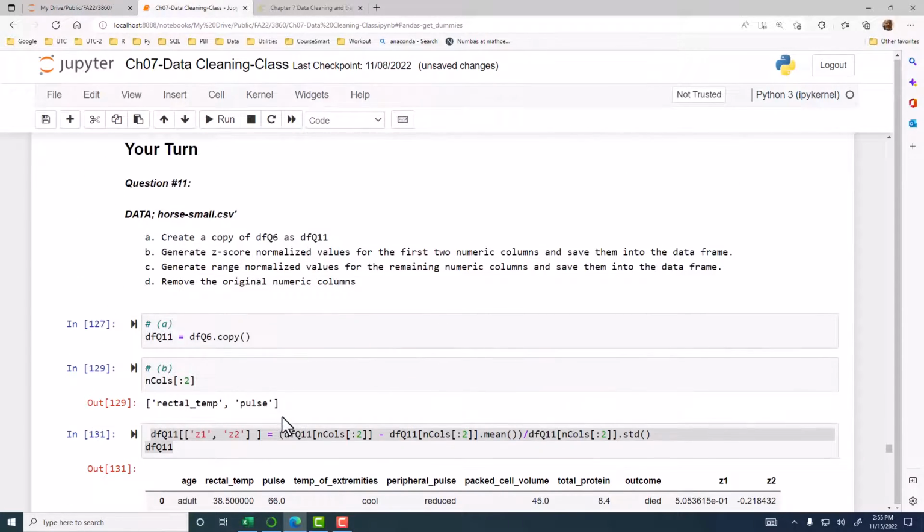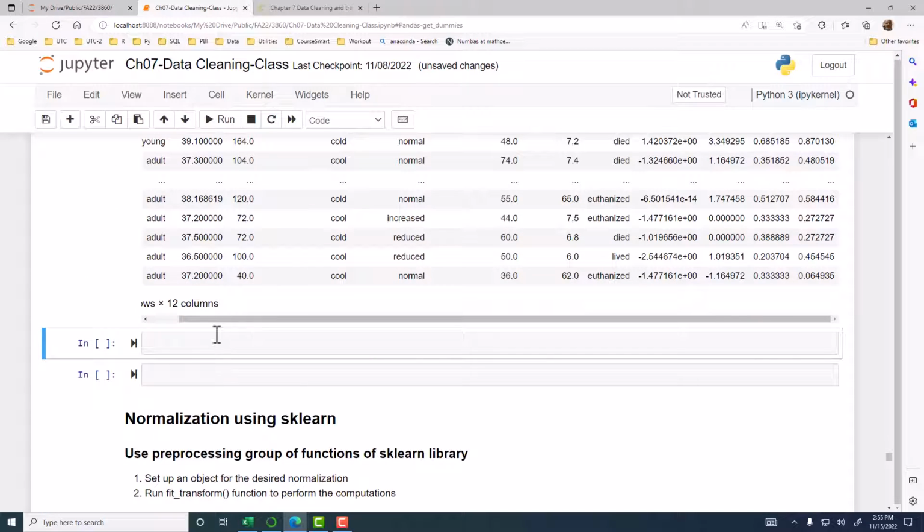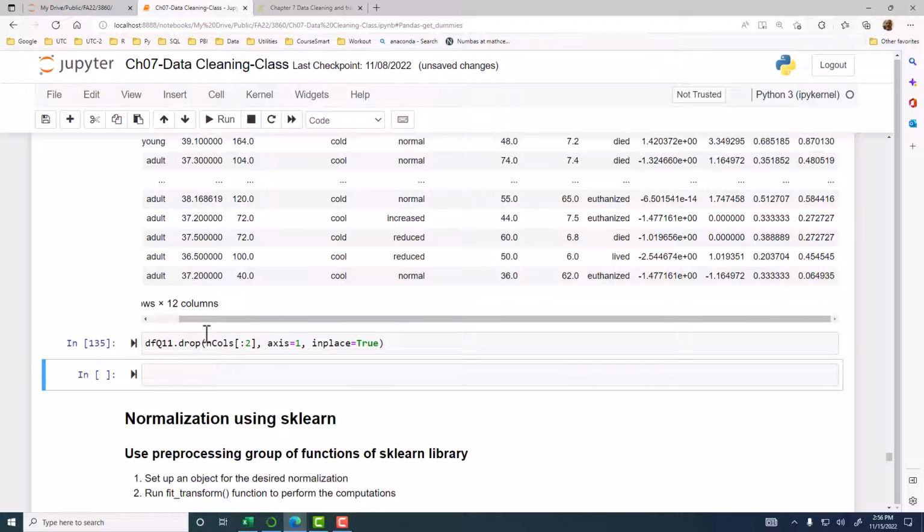Okay, and the last one is remove the original numeric columns. Well, we have done that before, so all you have to do is to just say dfq11 dot drop ncols, axis equal to 1, inplace equal to True, then that will be gone.